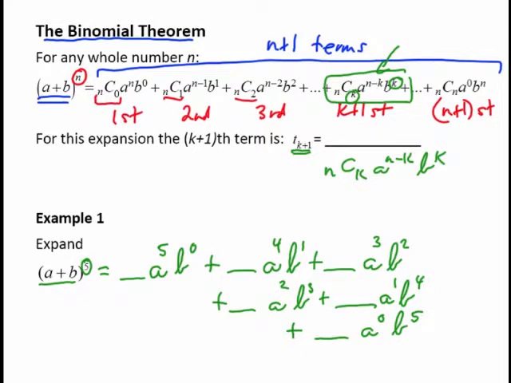And then I know my coefficients are going to be the 5 choose values, 5 choose 0, 5 choose 1, and so on. And I can look these values up in the 6th row of Pascal's triangle.